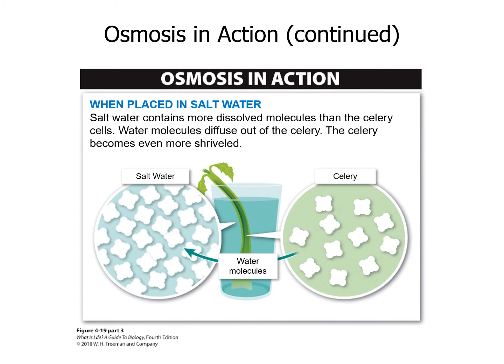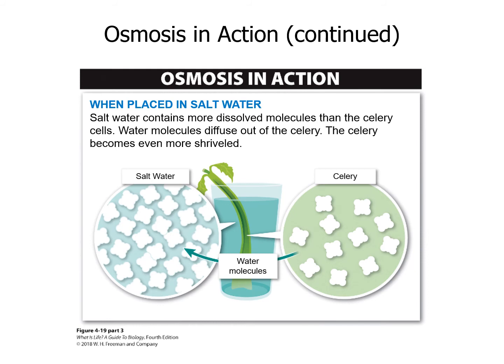So by having fewer dissolved molecules inside of the celery compared to outside of the cell, we are going to have water move out of the cell because it's going to go to that other area of low concentration of water. And you might even have some salt molecules move into the celery, but more importantly, water is going to be moving out and thus causing our celery to become more shriveled.